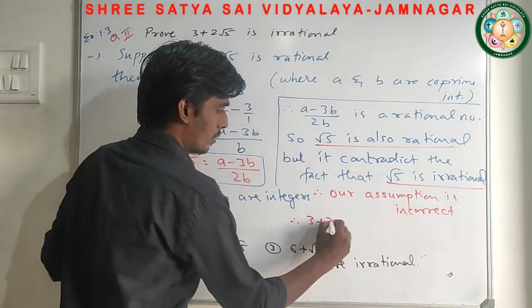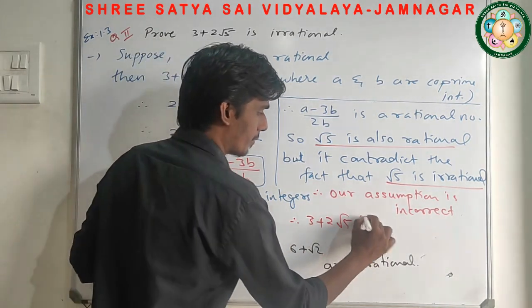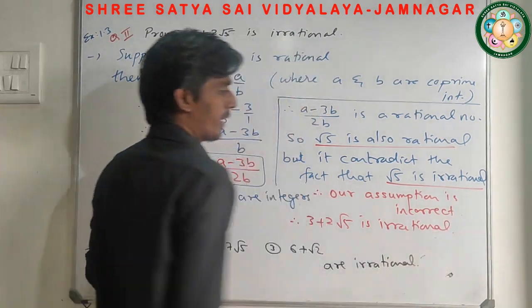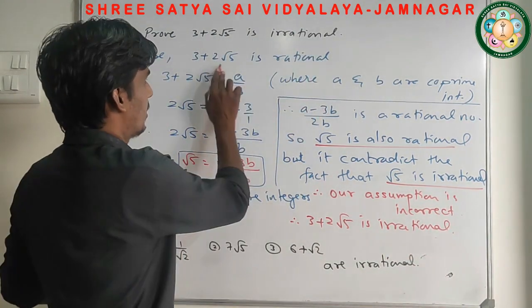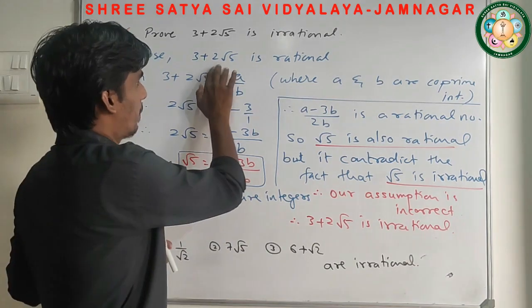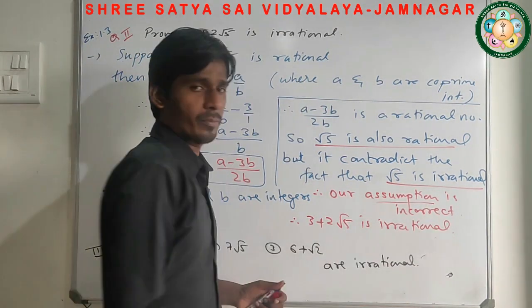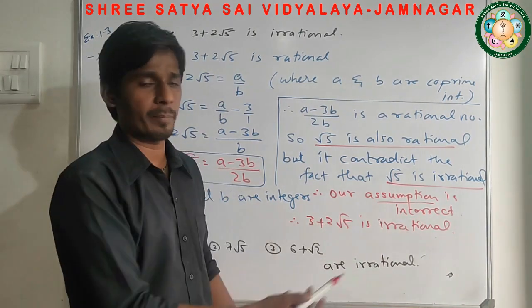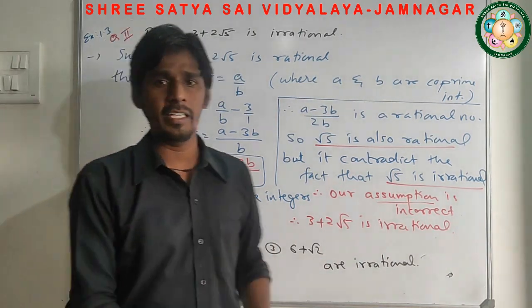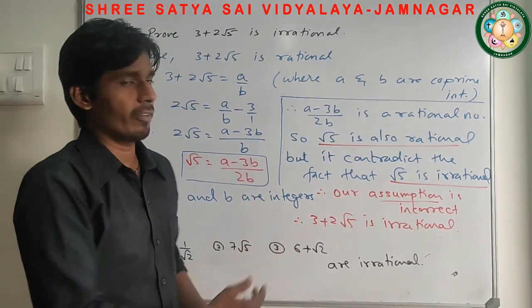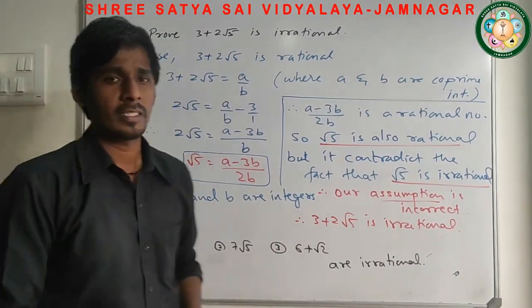Therefore, 3 plus 2 root 5 is what? Irrational. जो हमने suppose किया था, 3 plus 2 root 5 is rational, तो वो that assumption is becomes incorrect. तो उसका opposite statement क्या हो जाएगा? Correct हो जाएगा. If any number is not rational, then it becomes what? Irrational. So this is the way we can prove question number second.